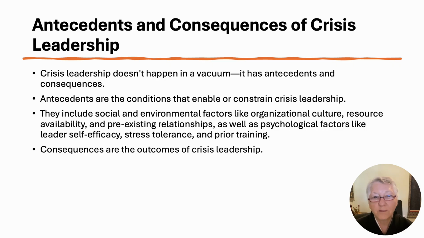They include things like social and environmental factors, like organizational culture, resource availability, and pre-existing relationships, as well as psychological factors like leader self-efficacy and stress tolerance and prior training.